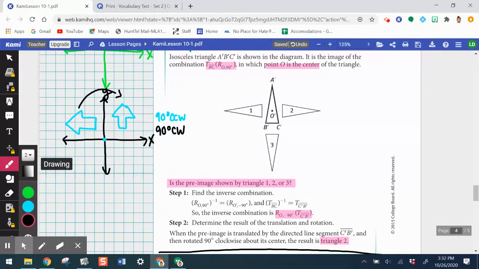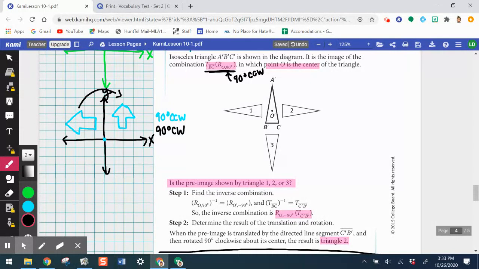So they told us it is the image of this combination here, which means we rotate it around point O, which is the center of the triangle, 90 degrees counterclockwise. Remember, positive 90 degrees is actually 90 degrees counterclockwise. Then we translated using directed line segment BC. And so we're trying to figure out which of these three triangles is the pre-image of this image.